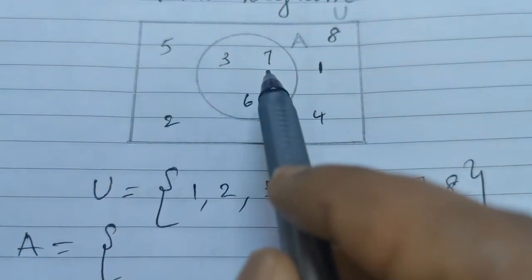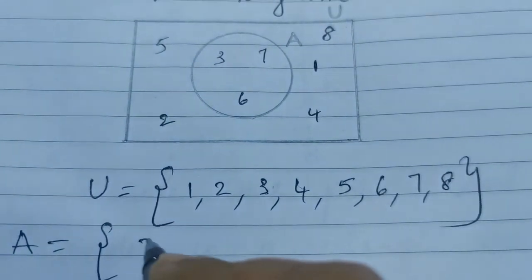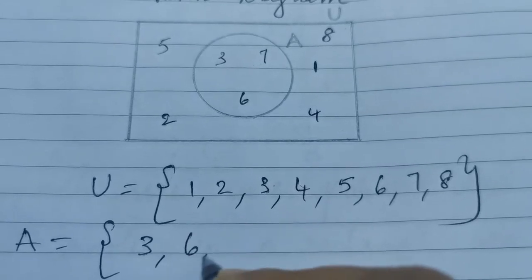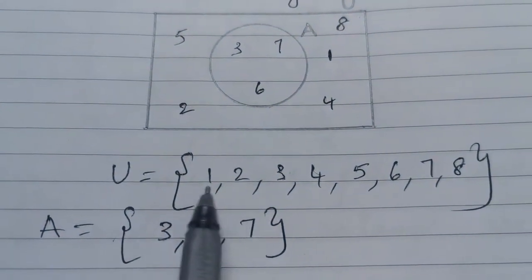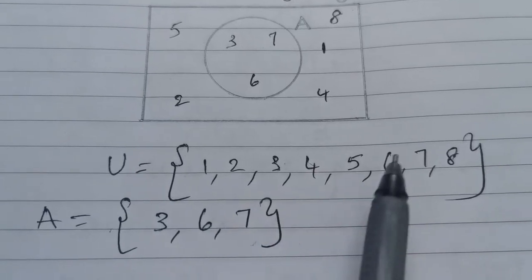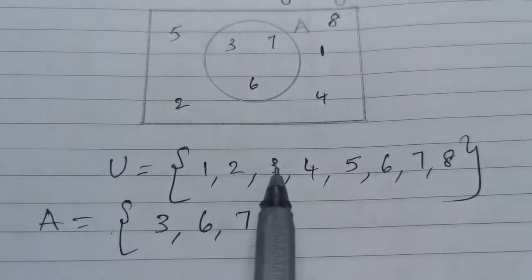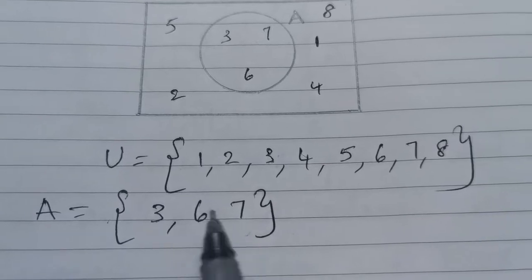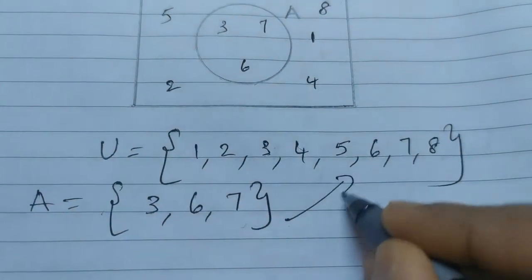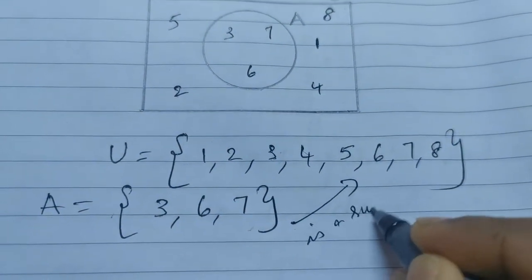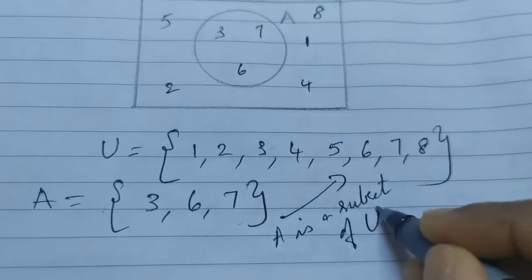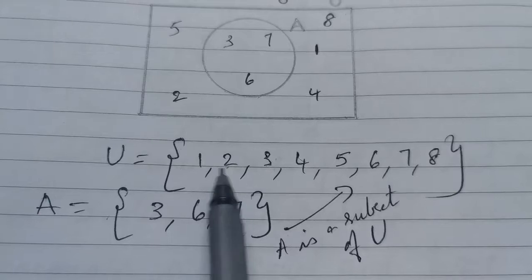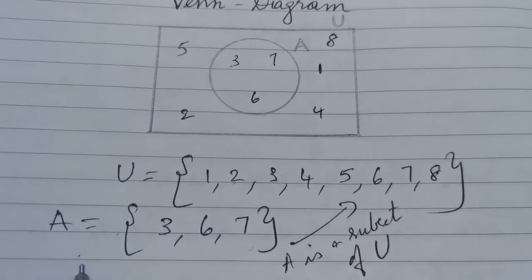So the elements of set A are 3, 6 and 7. If you see here, A is obtained from the set U. So A is a subset of U. U is the universal set and A is a subset.